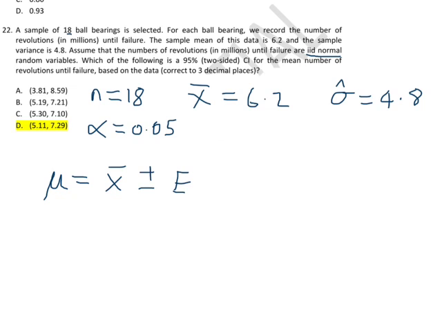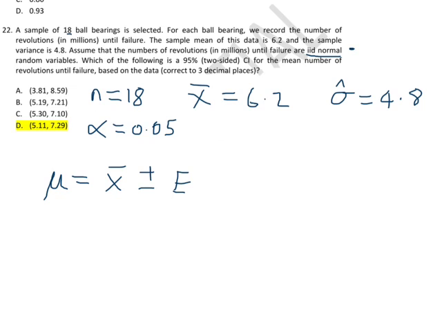The conditions you need for a Z test statistic are that it must be a normal population, a normal distribution underlying the sampling. Don't confuse the sampling distribution with the underlying distribution of the ball bearings.